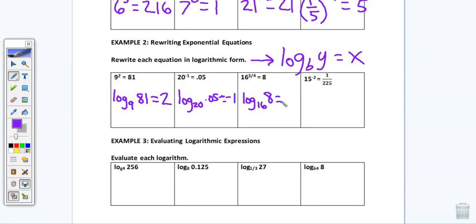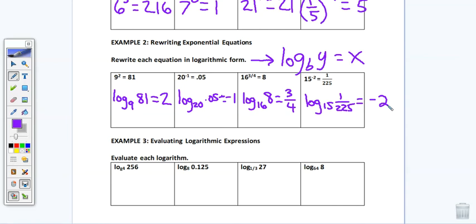You got it, kid. Pat on the back. Last one. Log base how much, kids, of 1 over 25? 1 over 2. Yes. Think about it, kids. 15. This is really 15 to the negative 2 power.